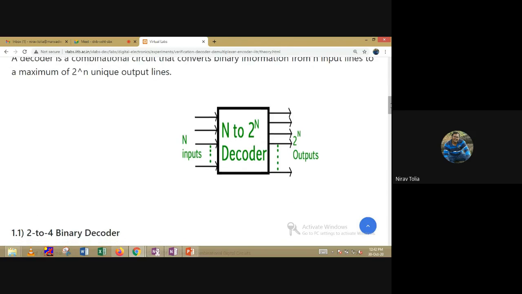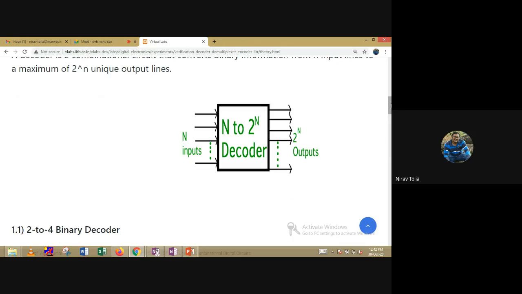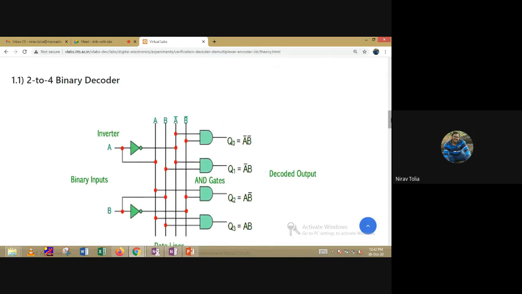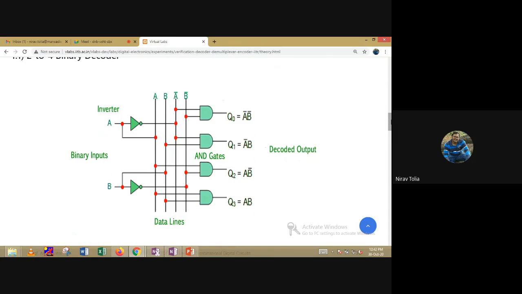So this is the generalized block diagram of an n input decoder. We have to learn about the 2-line to 4-line decoder, which has two inputs, A and B. We are using 4 lines, A, B, A bar, B bar, and it has 4 outputs, Q0, Q1, Q2, and Q3.